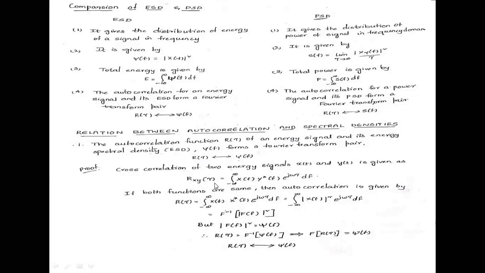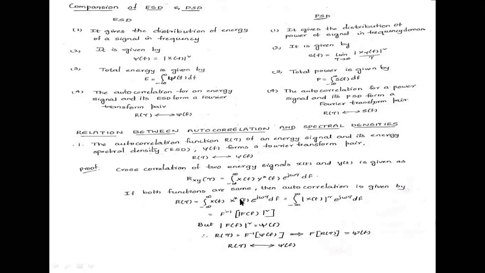It is not R_xy of tau, my dear students, but R_xx only. R_xy is for cross correlation. If both the functions are the same, then the autocorrelation function is given by R of tau equals the integral from minus infinity to infinity of x of f and x star of f e to the power j omega tau df.